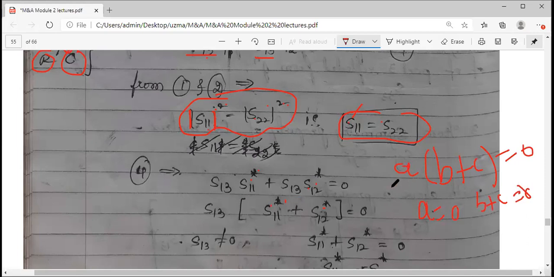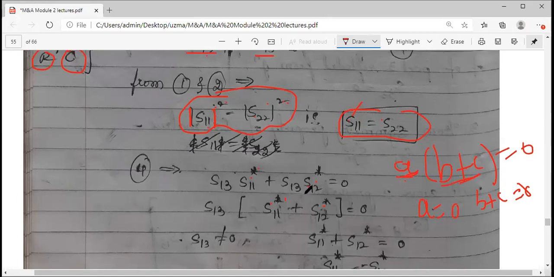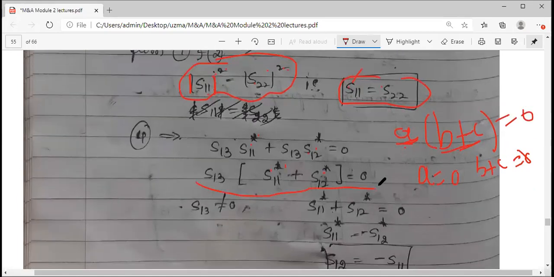If you put A as 0, this equation will be 0, right? 0 into B plus C. Or if you take B plus C as 0, 0 into A will be 0. So there are two possibilities. Either this value can be 0 or this value can be 0. Similarly, I can apply the concept here. Either this can be 0 or this bracket term can be 0.